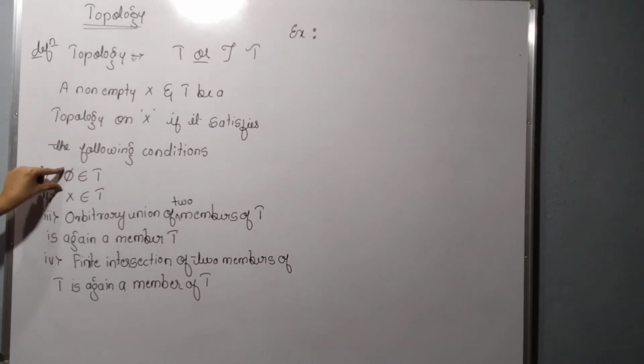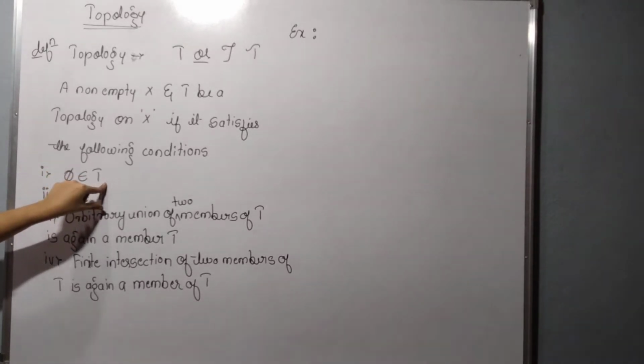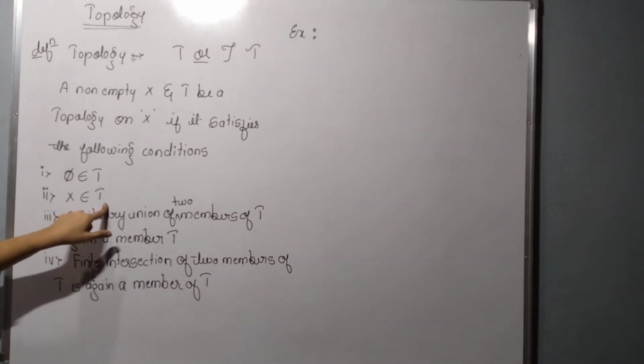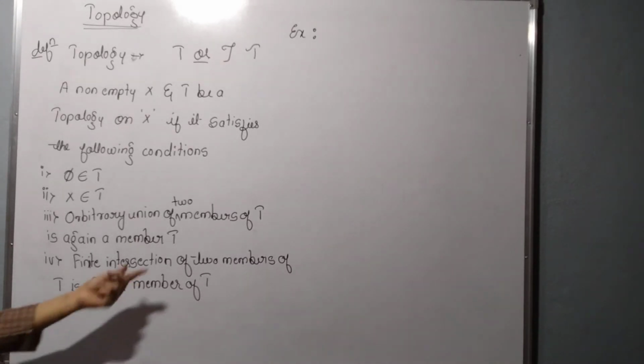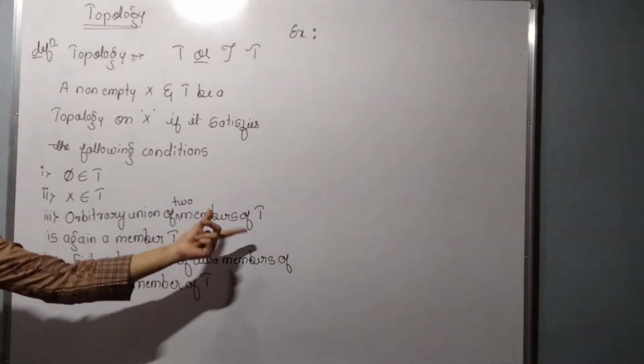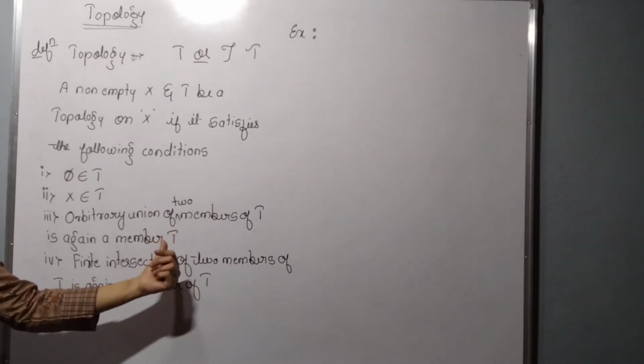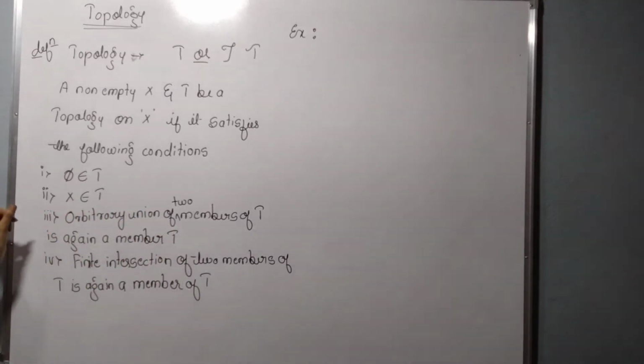Here we defined that null set belongs to tau, X belongs to tau, and arbitrary union of members of tau is again a member of tau. You may call it as tau or T, but it indicates that is topology.